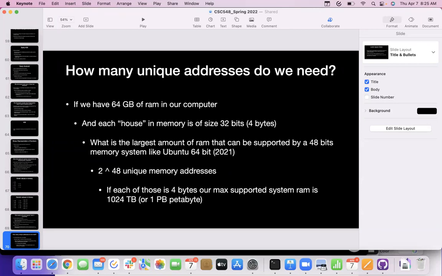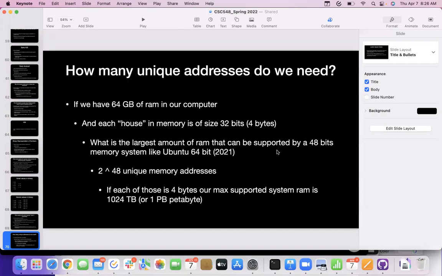In our computer, the way you want to think about system memory is as one single long street. I use the example of Ubuntu 64-bit Linux, which supports 48-bit addresses because it uses some addressing for just the system itself.